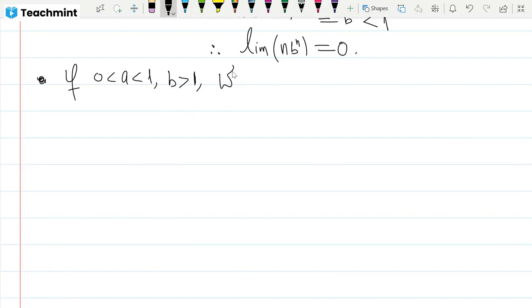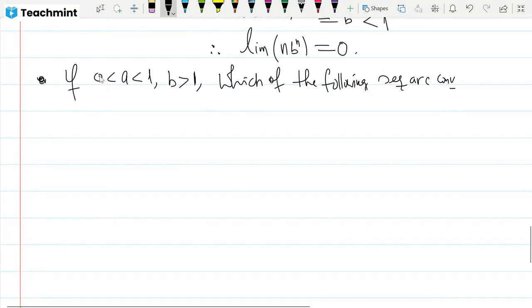Which of the following sequences are convergent? Here 0 is less than a is less than 1, and b is more than 1. So option A I am writing: the sequence n square into a power n.